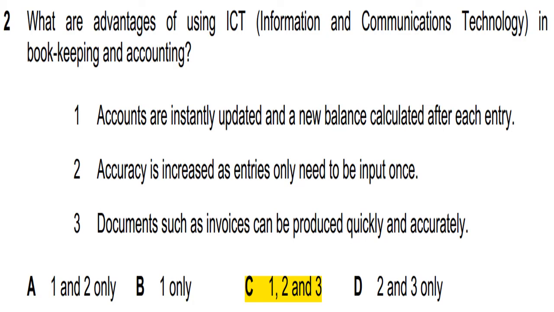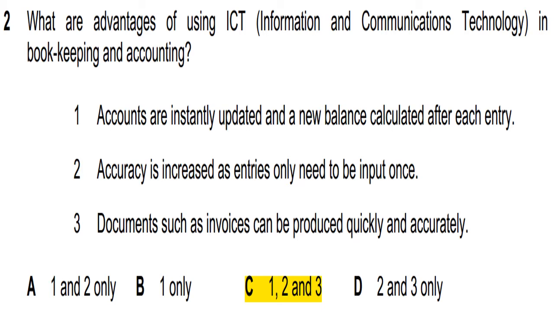And the second question is, what are the advantages of using ICT, information and communication technology, in bookkeeping and accounting? Number 1 is, accounts are instantly updated and a new balance calculated after each entry. Number 2 is, accuracy is increased as entries only need to be input once.